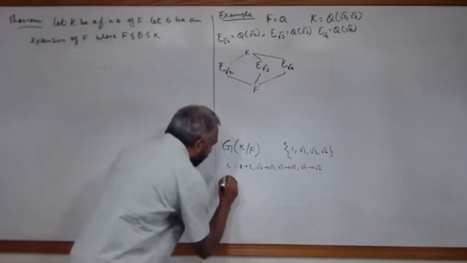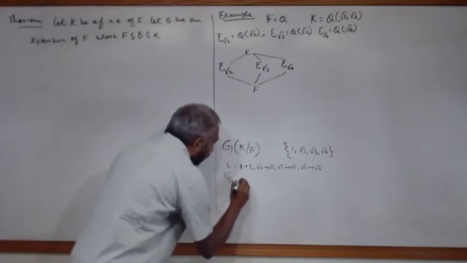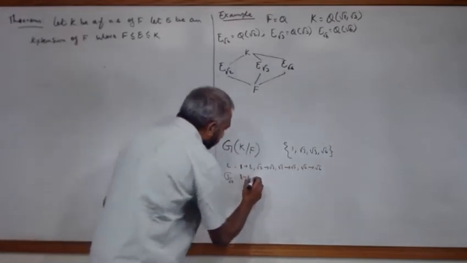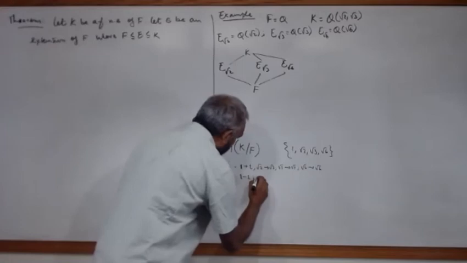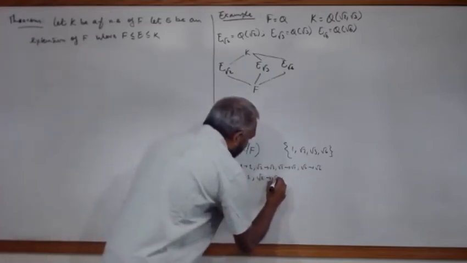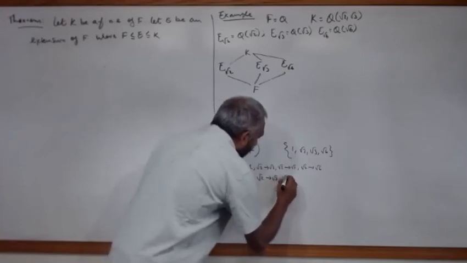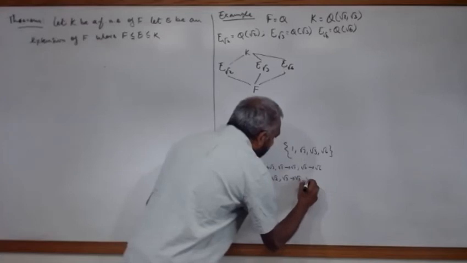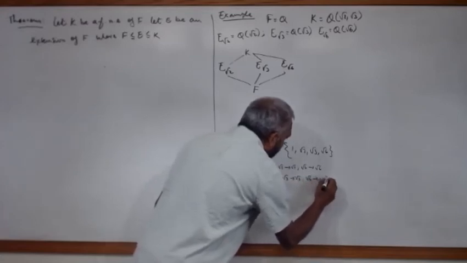Another automorphism is sigma, I write it as sigma root 2, which is 1 to 1, always like that, because then only you can leave F fixed. Then root 2 is unchanged, but root 3 and root 6 are changed.